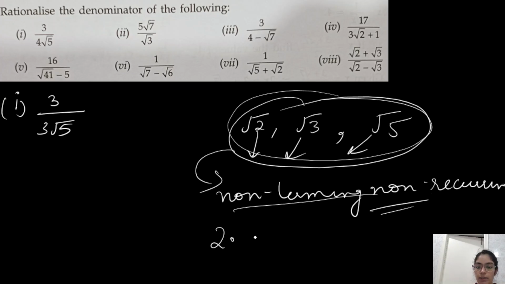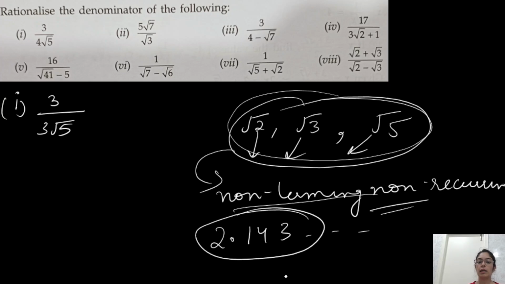The digits are non-repeating, and they are non-terminating as well. This means the number does not terminate. A general example of an irrational number is pi.